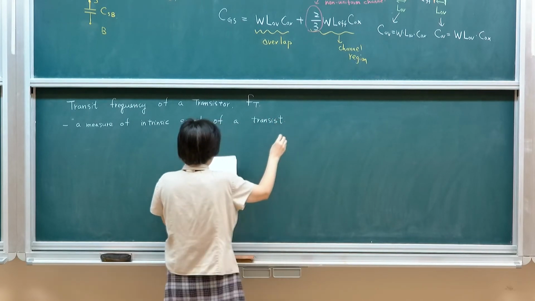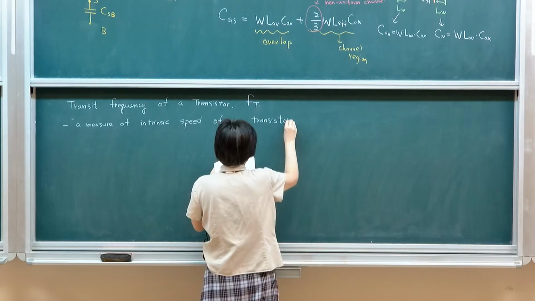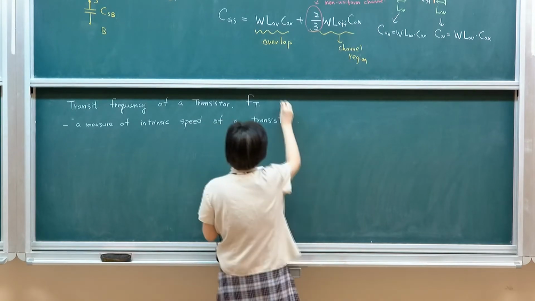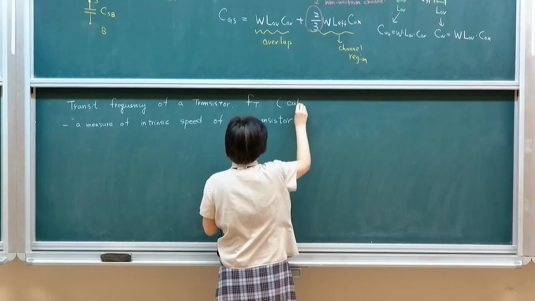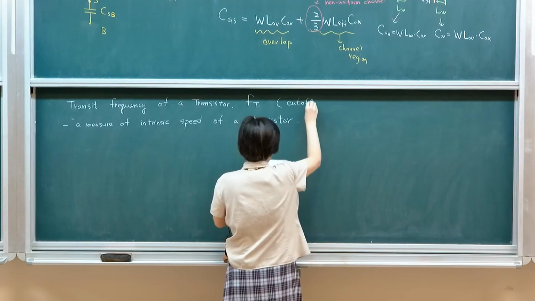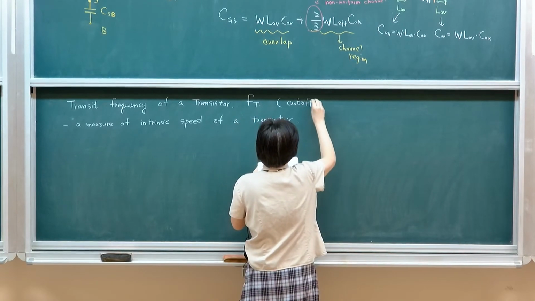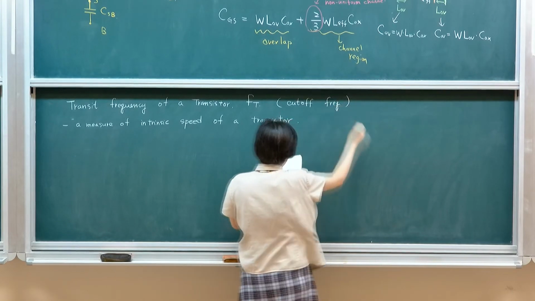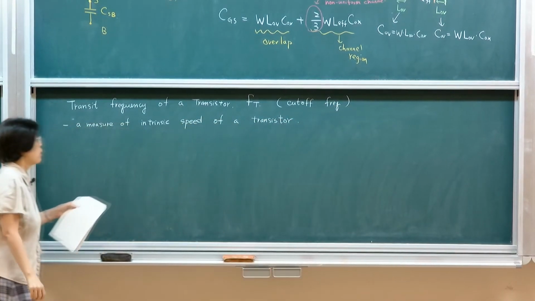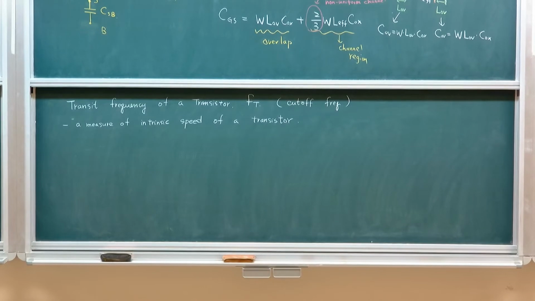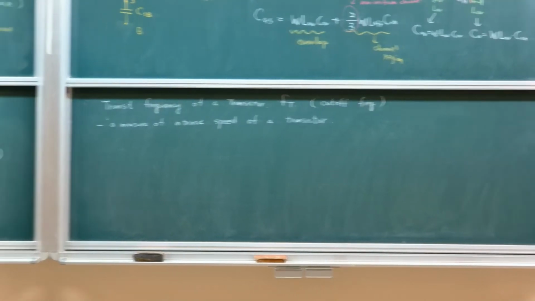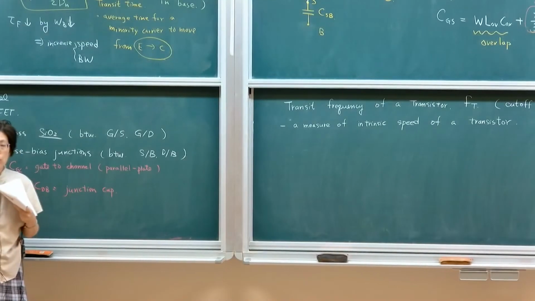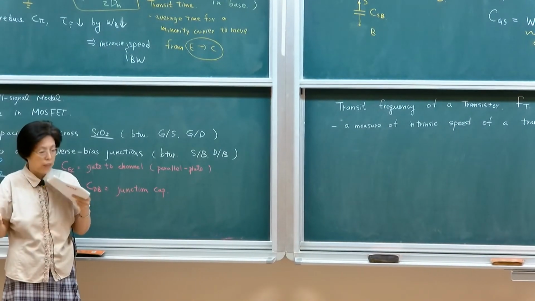So it's either called the transit frequency, or sometimes called the cutoff frequency, meaning that after this frequency, it does not provide amplification effect. So FT is the maximum frequency this transistor can be operating at, which will still provide a certain amount of gain.